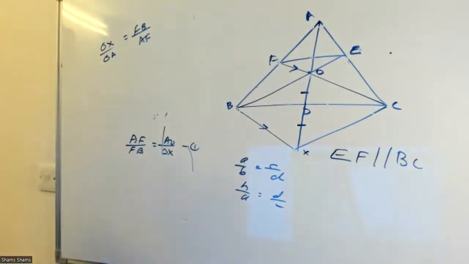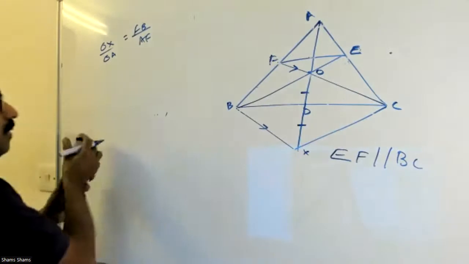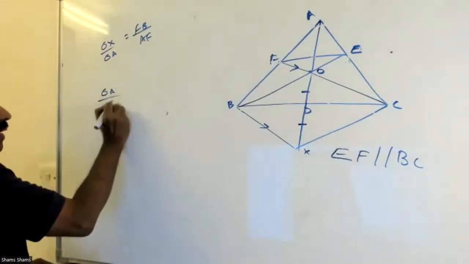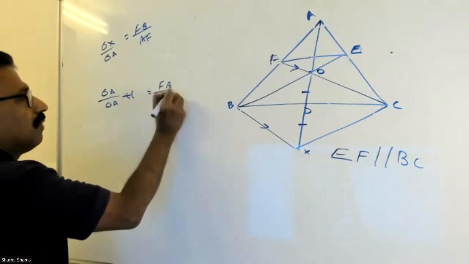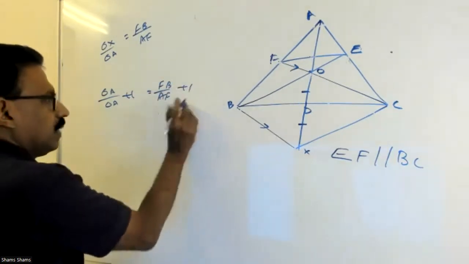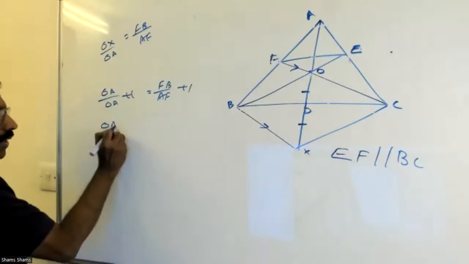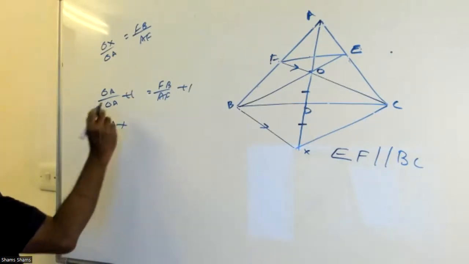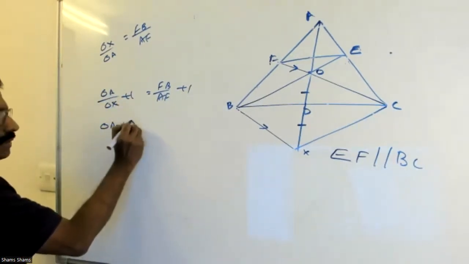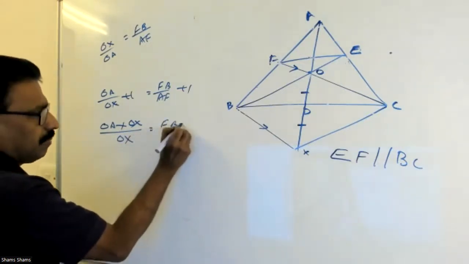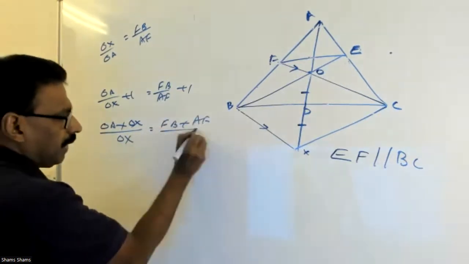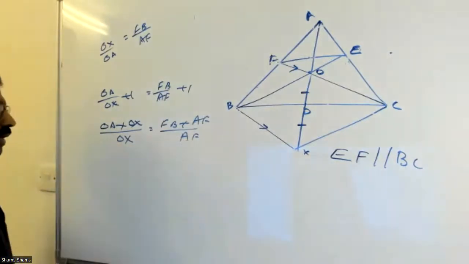Adding 1 on both sides. OA by OA plus 1 equals FB divided by AF plus 1. Take the LCM. OA plus OX by OX equals FB plus AF by AF. What is that?